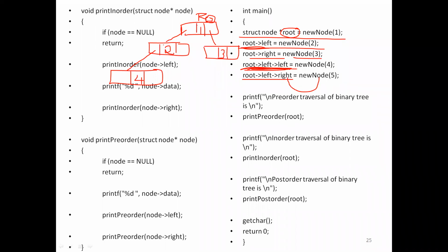Root left is 2, then right. Again I came to node 2, and from there I store root left right. So right is nothing but here, 5.